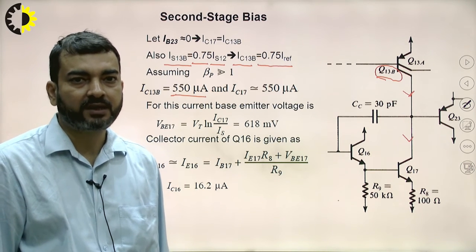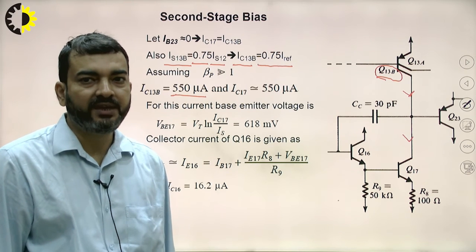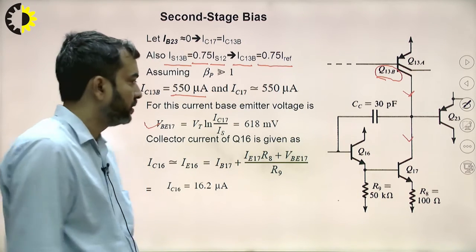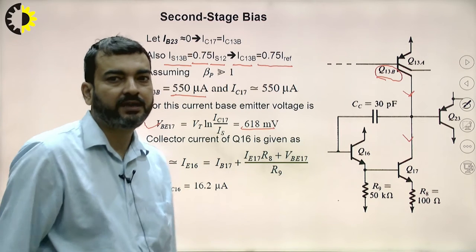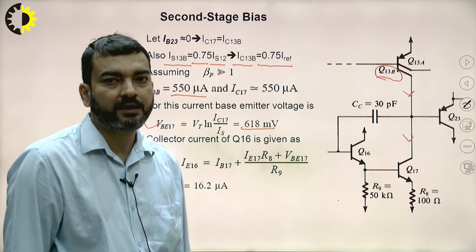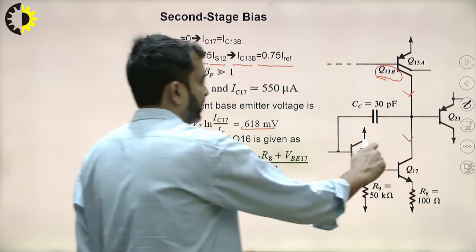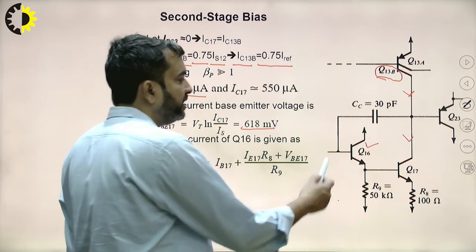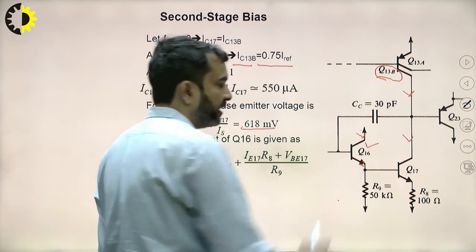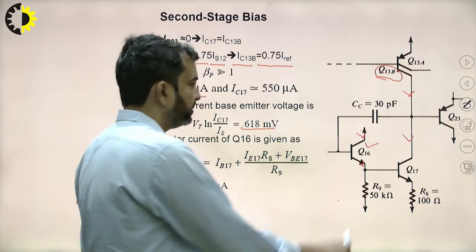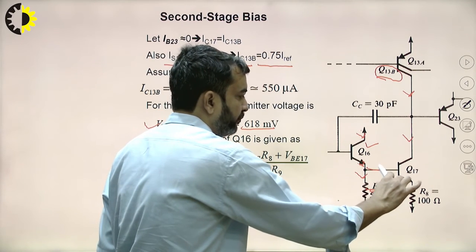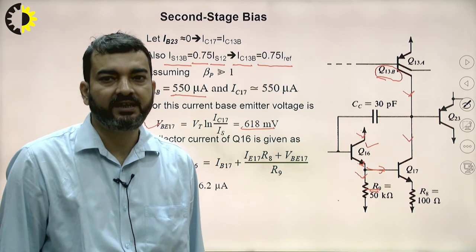Once we have the collector current, we can calculate the base emitter voltage of transistor Q17 using the same formula. This will come as 618 millivolt. Now we have to calculate the collector current of transistor Q16. Assuming high beta, this current will be equal to the emitter current of transistor Q16, and this emitter current is the sum of the current flowing in resistance R9 and the base current of transistor Q17.